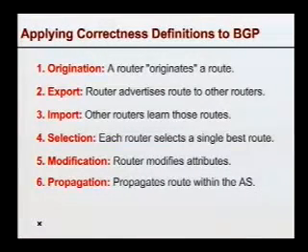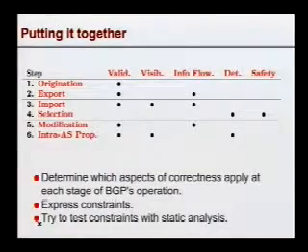The router could modify attributes, and it could also propagate that route to other routers inside its own AS, the IBGP. So putting these things together, the properties of correctness and the steps of BGP operation, we can start to get a flavor for something that looks a little less ad hoc, which is, at each step of operation, what aspects of correctness could possibly go wrong? I'm going to talk about some of these in the next couple of slides. But you can imagine, validity can obviously be violated on origination, right?